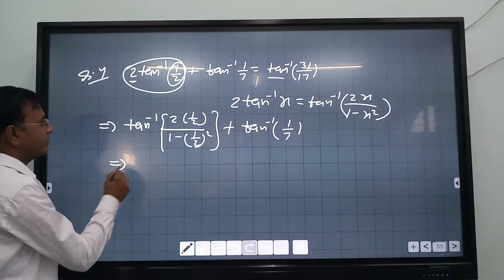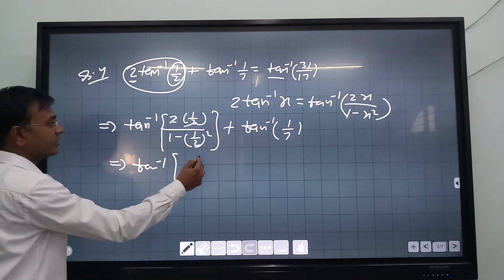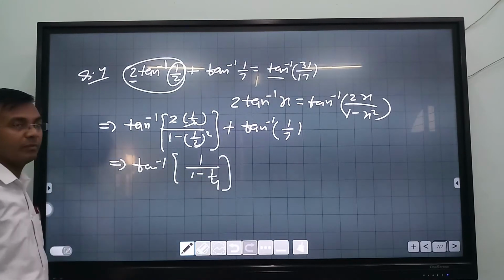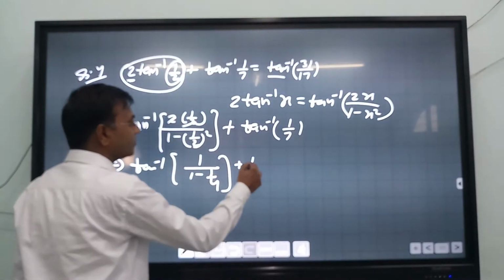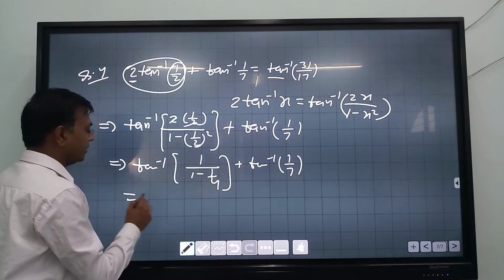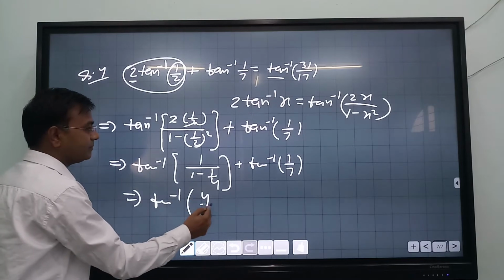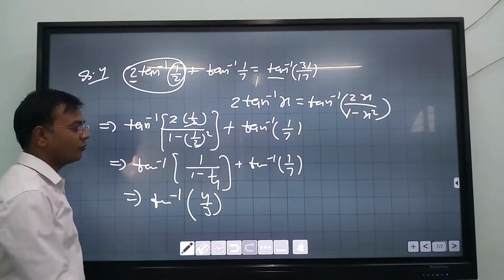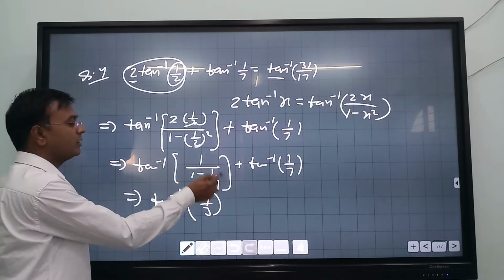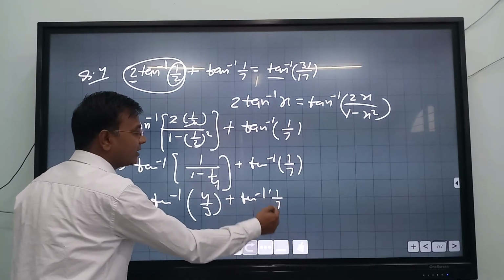Okay. This implies tan inverse, cancel out, so this is 1 upon 1 minus 1 by 4, plus tan inverse 1 by 7. This becomes 3 by 4, that is 4 by 3 reciprocal, so tan inverse 4 by 3 plus tan inverse 1 by 7.